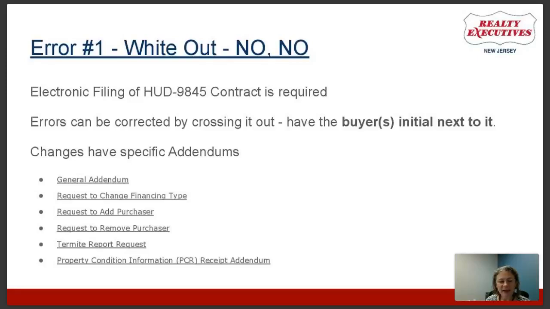Or if it is a company, they need to provide their assigned TIN number. There are also addendums for the removal of a purchaser or a termite report request, and a separate addendum for the property condition information statement.